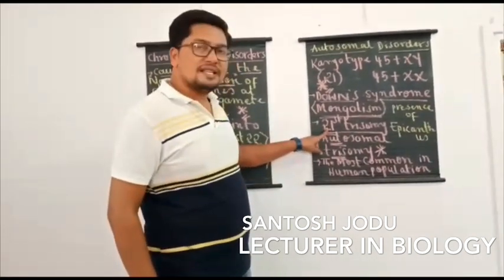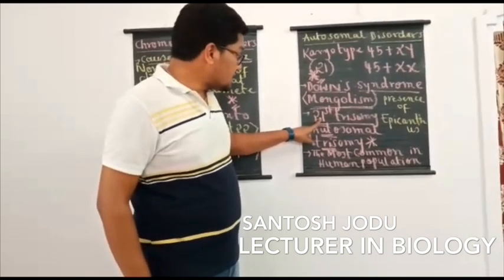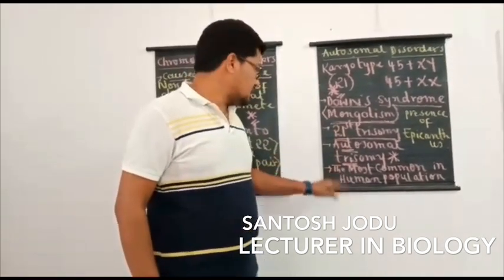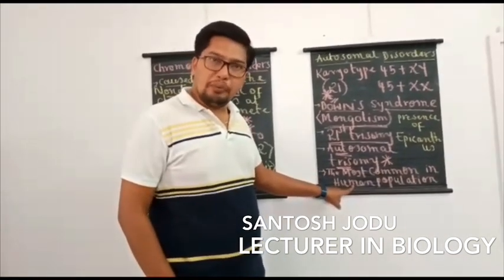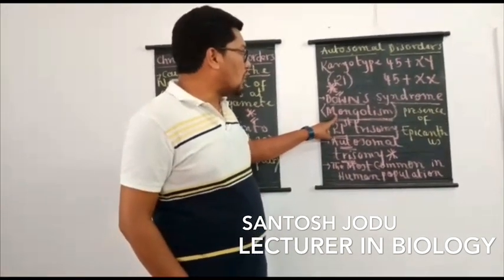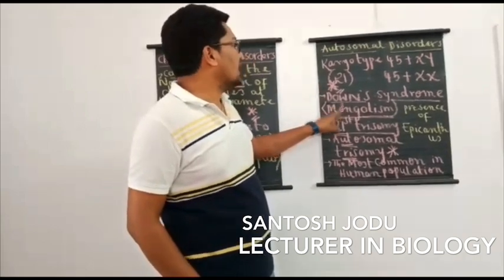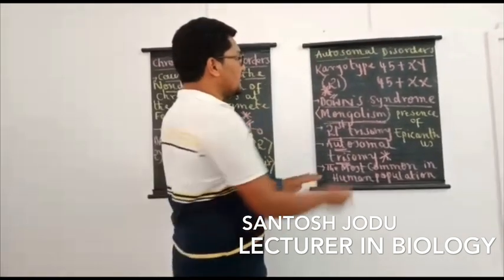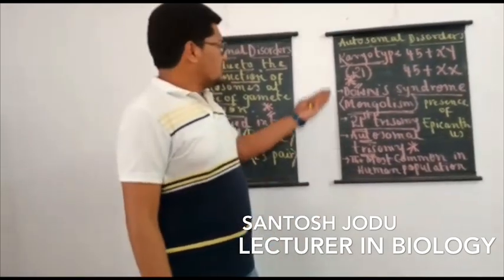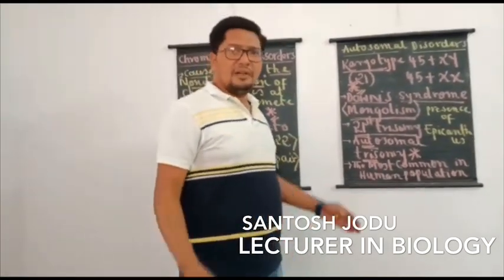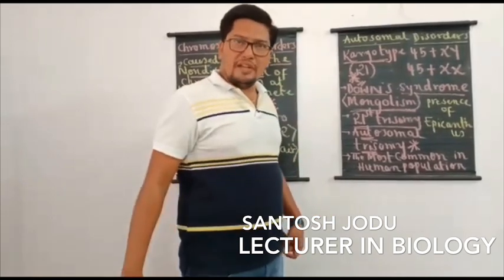Down syndrome is the result of 21st trisomy, and it is one of the most common chromosomal disorders in the human population. It is also called Mongolism. And most importantly, in competitive exams, the commonly asked questions are: what is the karyotype of Down syndrome?